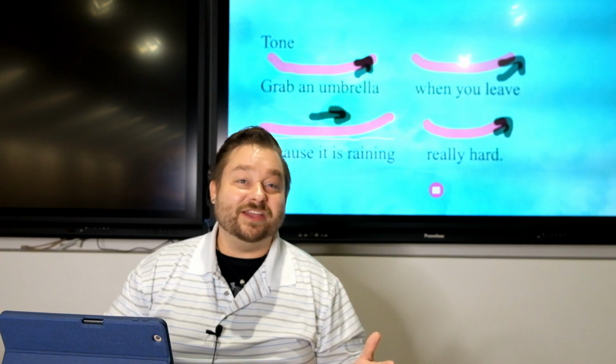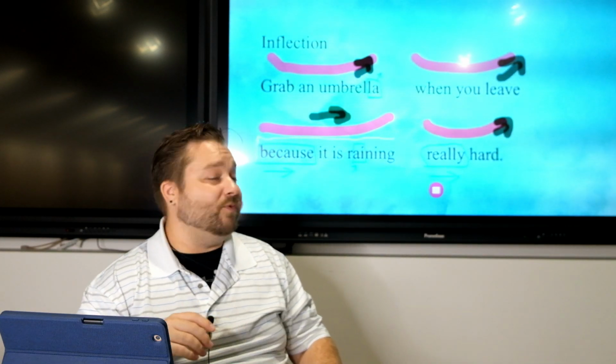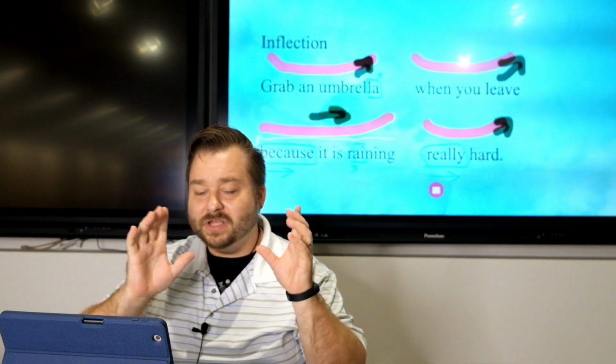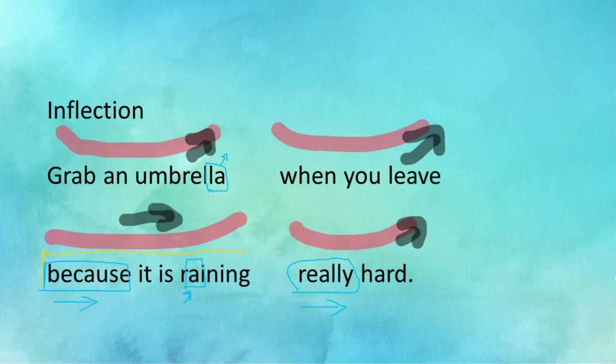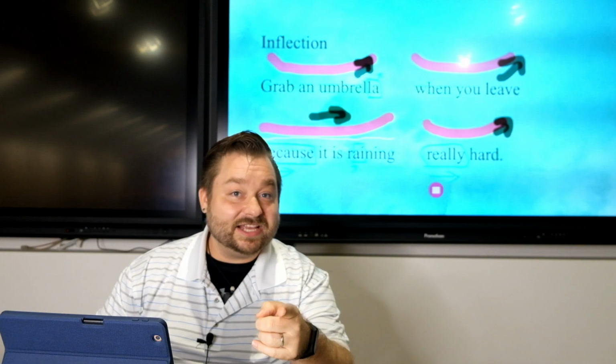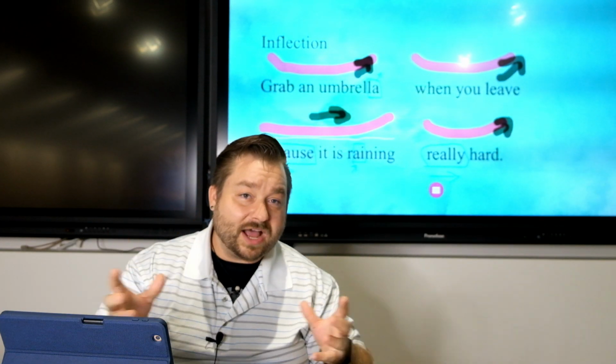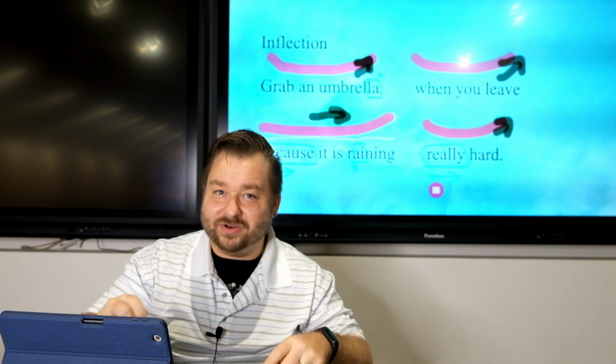Okay, let's add in our inflections now. We've got a lot of them, right? If we think about the word umbrella, hear that? It goes up. Umbrella. So that's a little inflection. Grab an umbrella, and we're going up on tone. Grab an umbrella when you leave. Pause. Because, just like when I explained a reason why, I stretched it out.